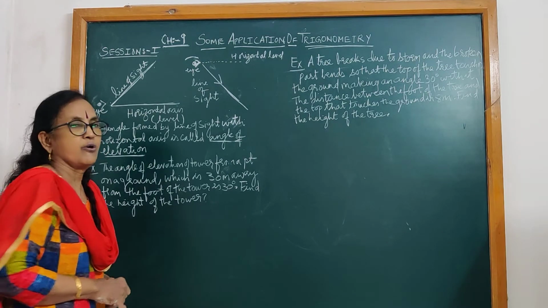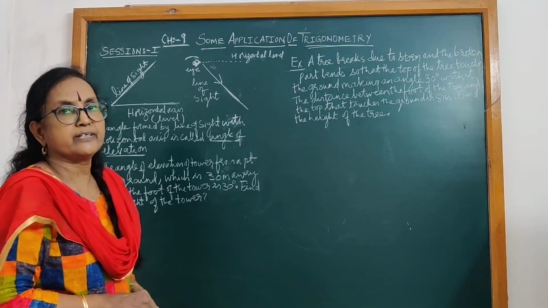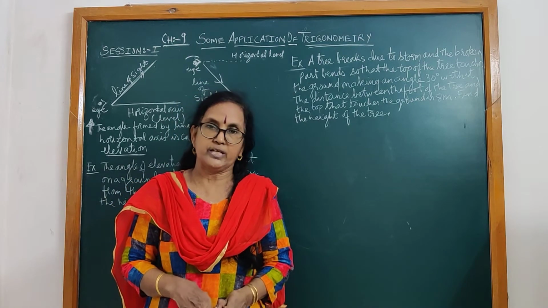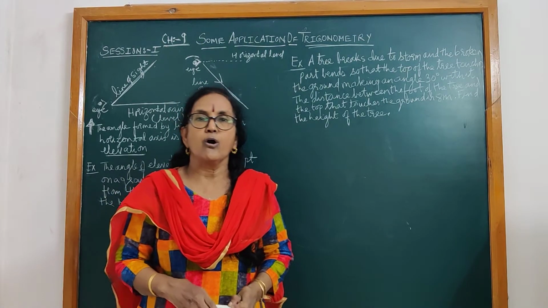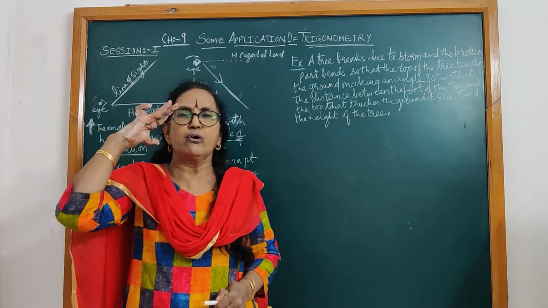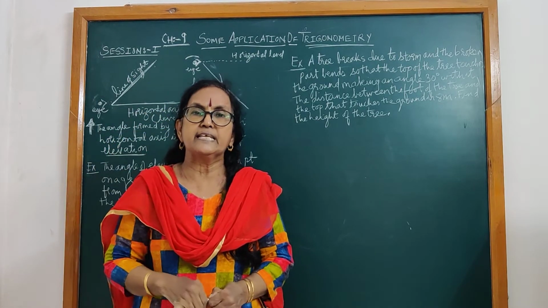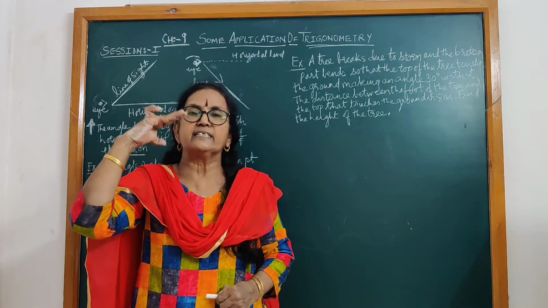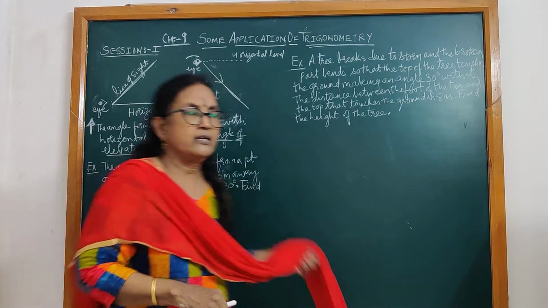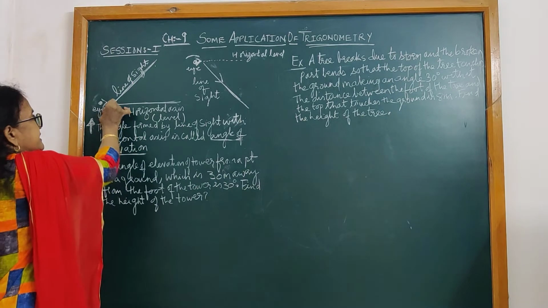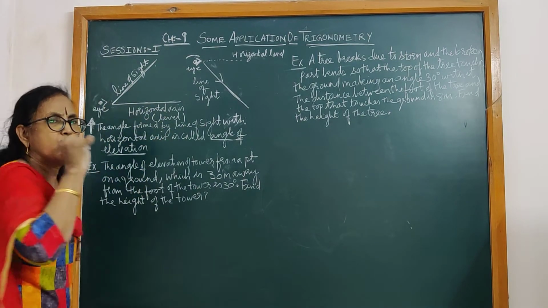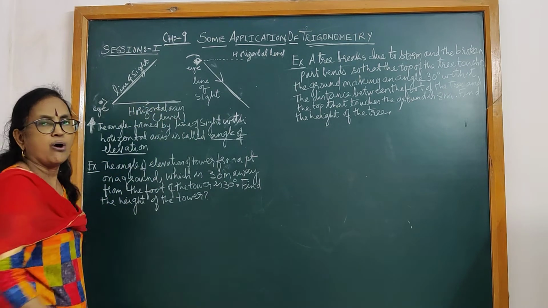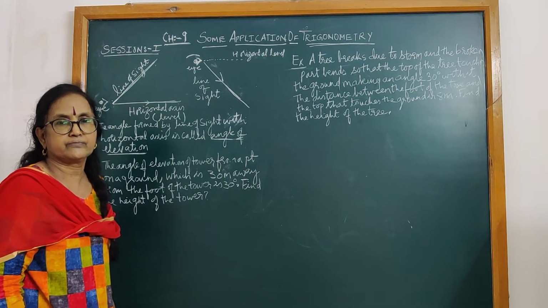Now first of all, I want to draw the attention that when we are looking at any object, wherever your eyes are looking straight, that parallel direction you call a horizontal axis. Suppose your eyes are here, and when you are looking straight, the direction is this. You call it the horizontal axis.